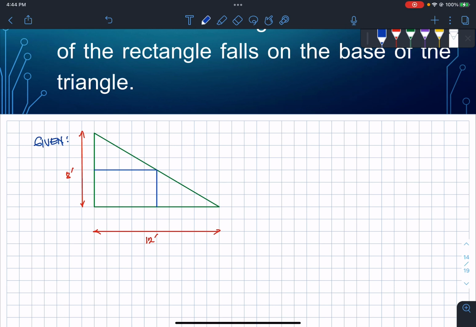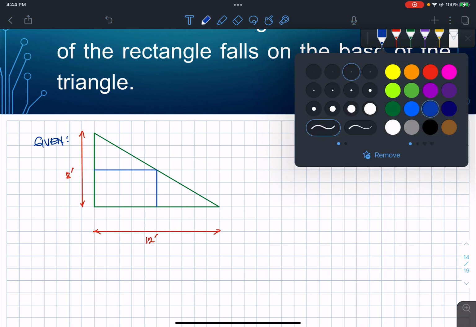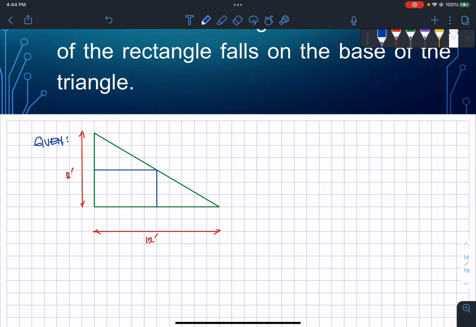We do not know the base of the rectangle, so let's say the base here is x, and then that is y.